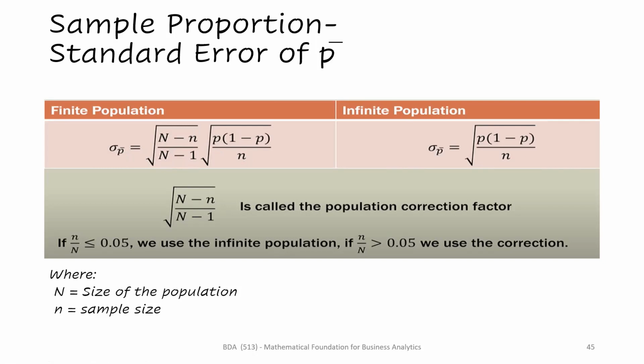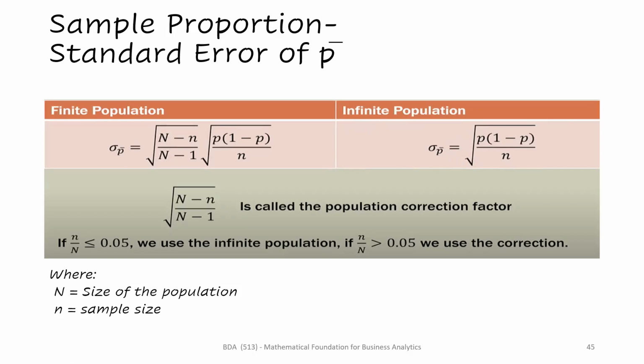But where we do not know the population, then we use the one on the right to calculate the standard error of the proportion, which is the square root of p into bracket 1 minus p, over n.